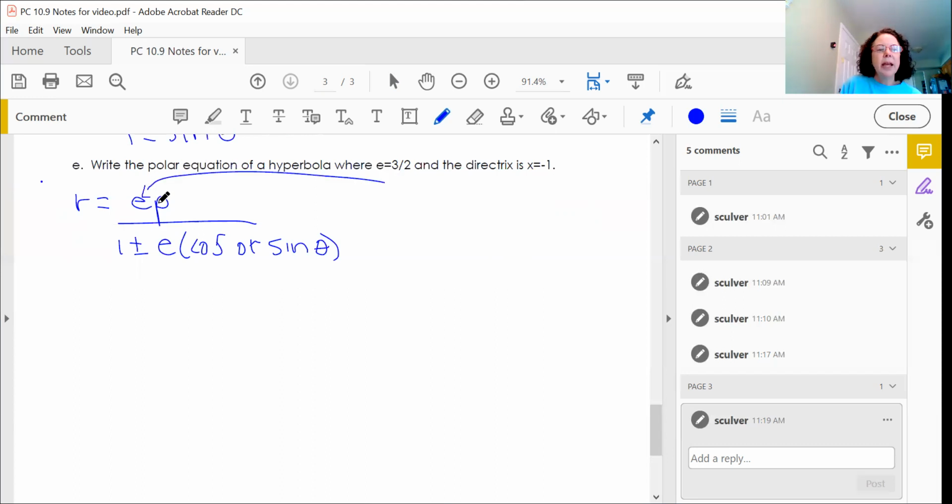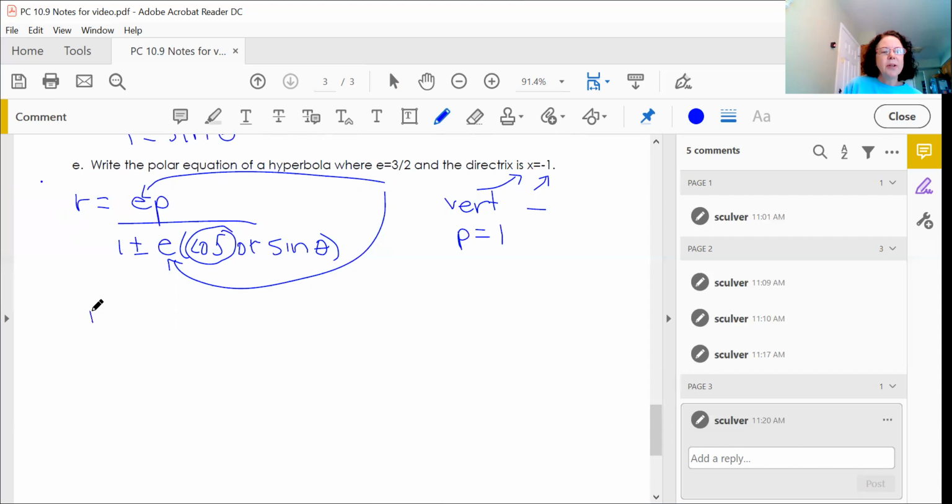We'll be putting a 3/2 here and here. Good. The directrix is x equals -1. Because that line is vertical, we will choose cosine. Because x equals -1 is to the left of the pole, we will choose negative, and the distance the directrix is from the pole is 1.